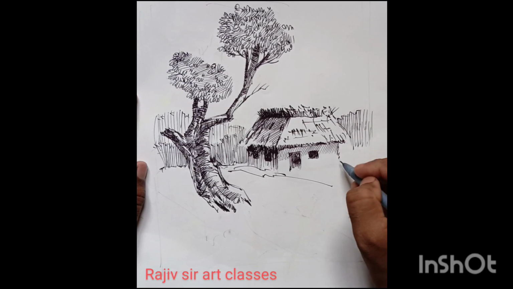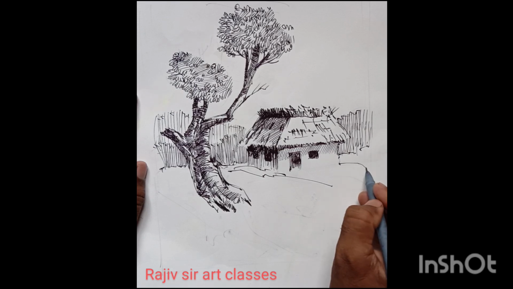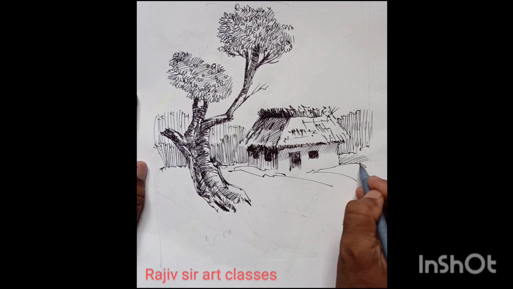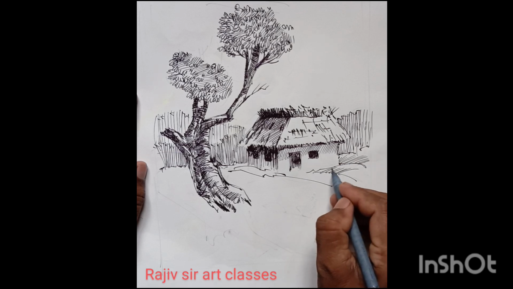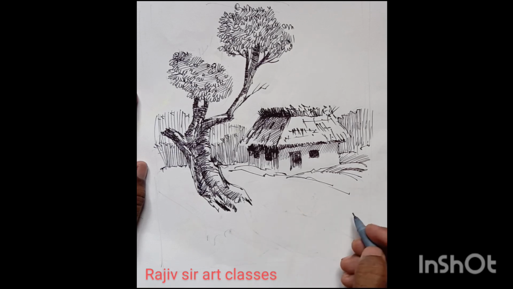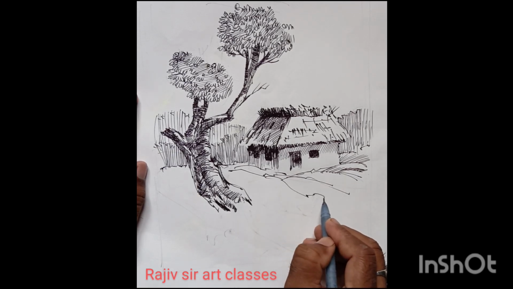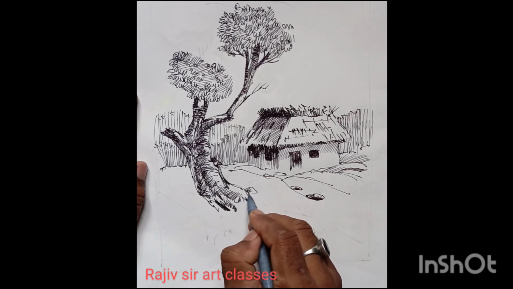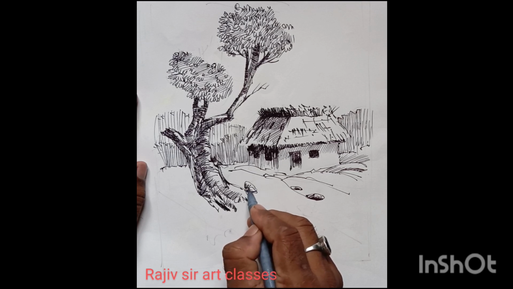The background trees are lighter in shade, and that is why the lines are a bit light here. The lines have white in between. The more white you put between the lines, the lighter the tone will become.